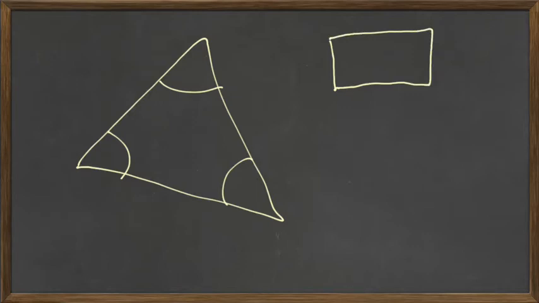But a rectangle has 4 angles that are 90 degrees, so that's 360 degrees. Now, the people back in the day who were discovering geometry cut the rectangle in half, and now we have 2 triangles. So 360 divided by 2 is 180, and that's how you got the sum of the angles.